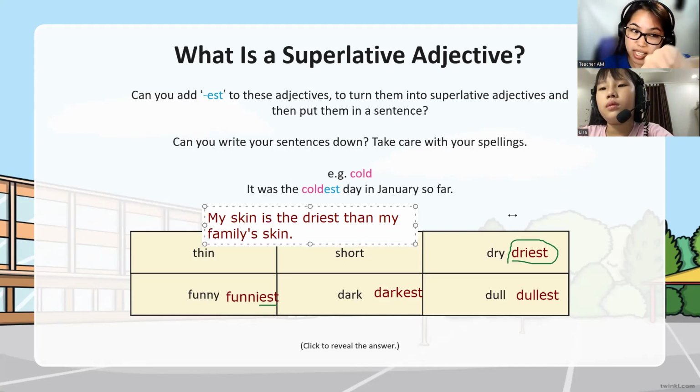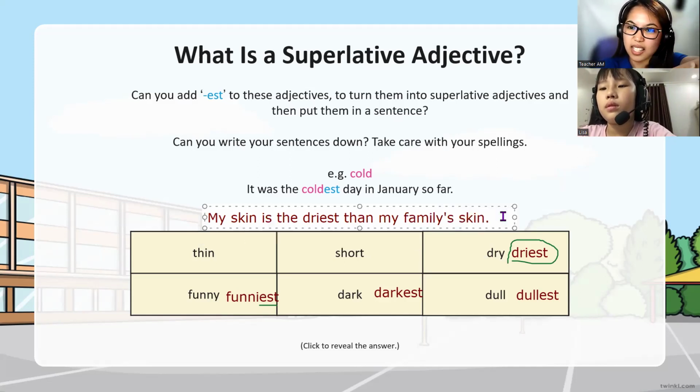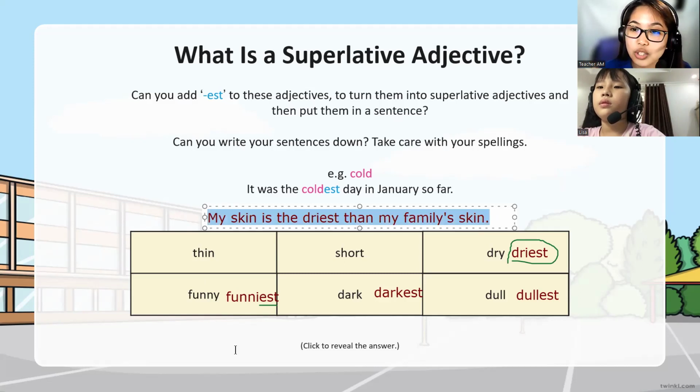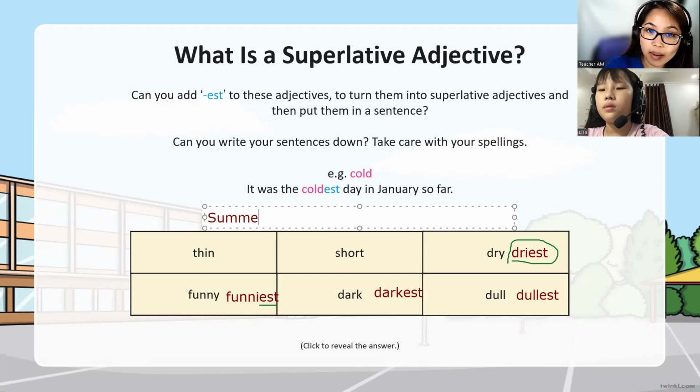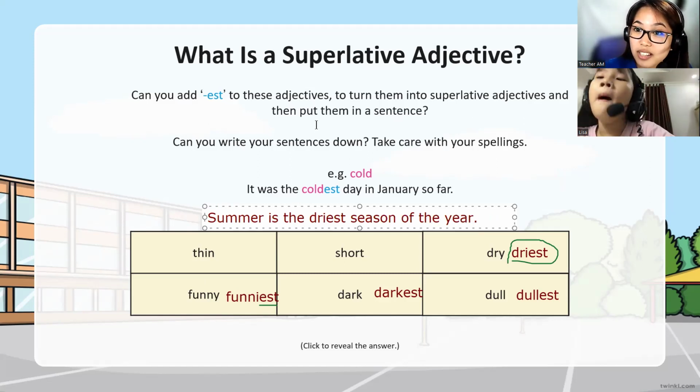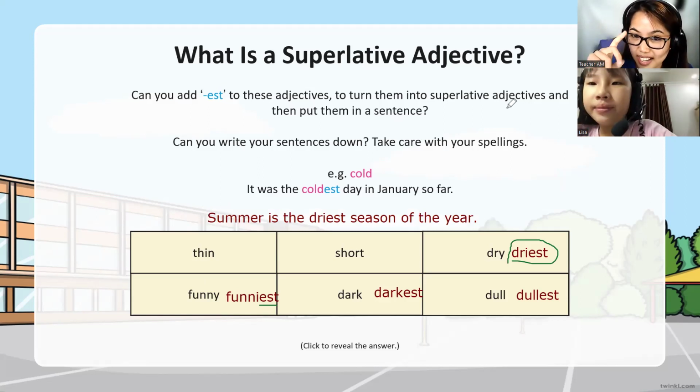When we say dry, it means it is not sweaty. Or the best way to use driest is to compare weather. So here, summer is the driest season of the year, because during summer it's not raining, right?